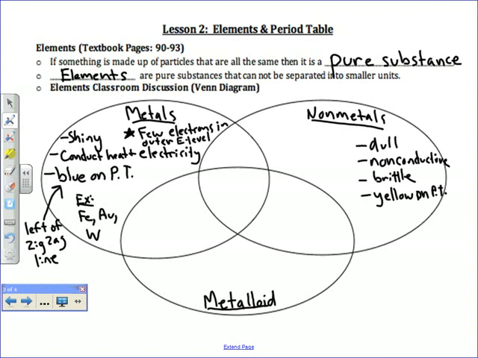And they're also to the right of the zigzag line. Nonmetals, which we're going to talk about in relation to valence electrons later, they have full or almost full outer energy levels.